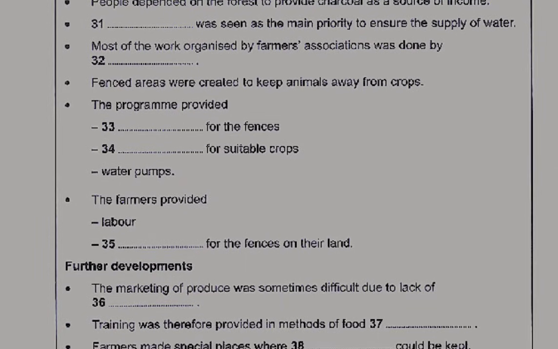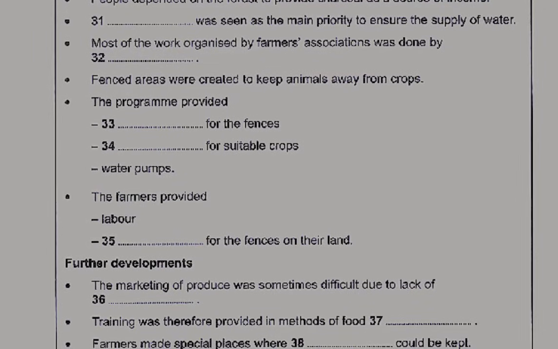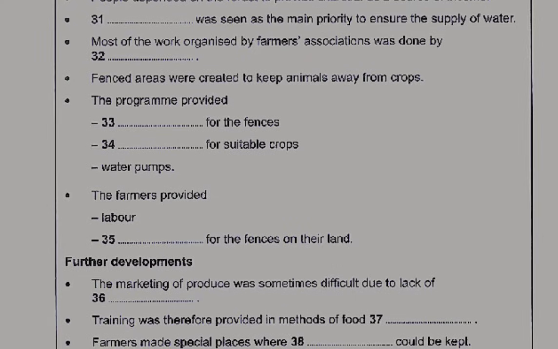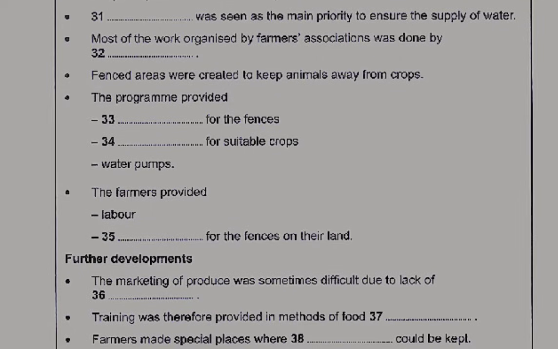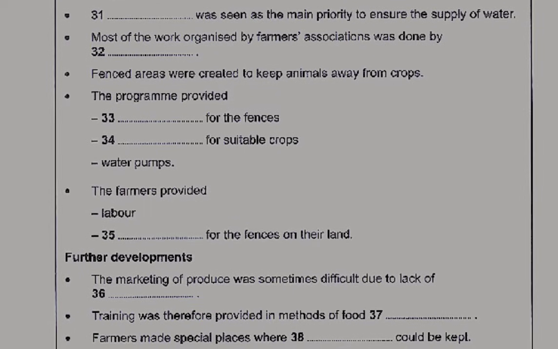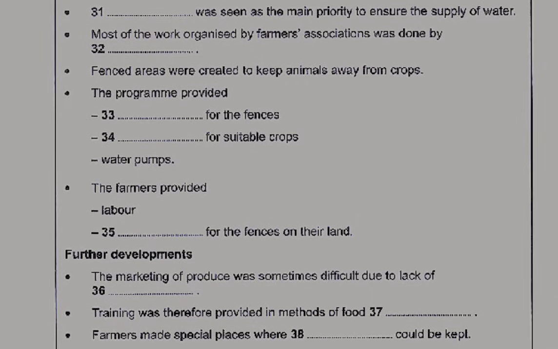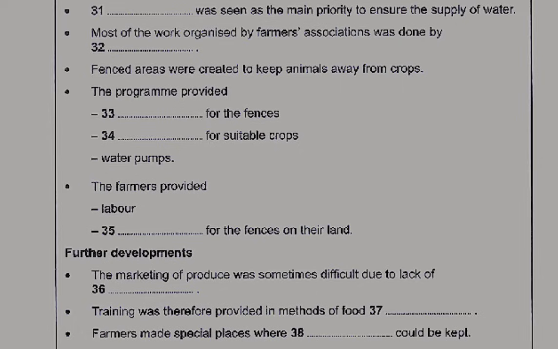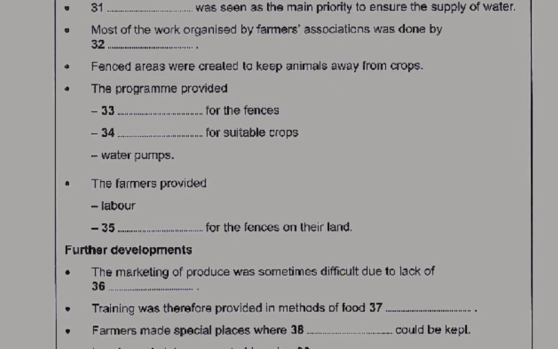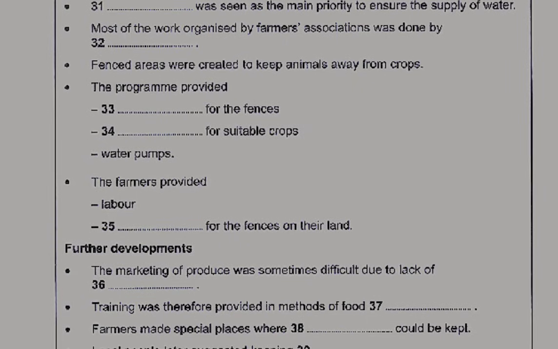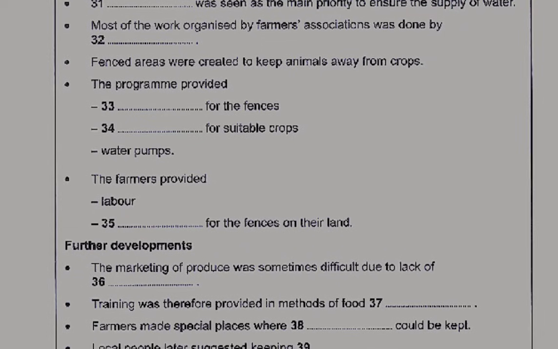Once the program had been set up, its development was monitored carefully. The farmers were able to grow enough produce not just for their own needs, but also to sell. However, getting the produce to places where it could be marketed was sometimes a problem, as the farmers did not have access to transport, and this resulted in large amounts of produce, especially vegetables, being spoiled.